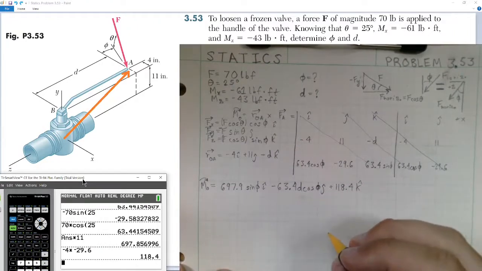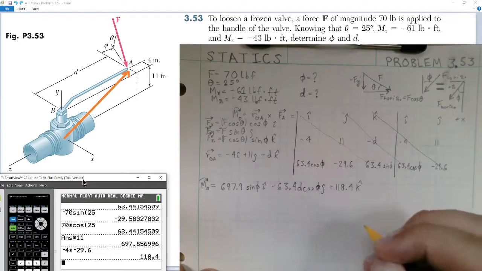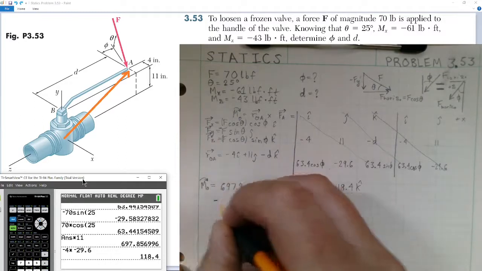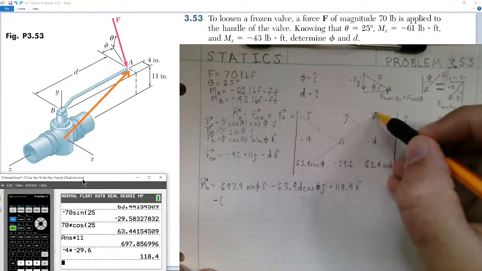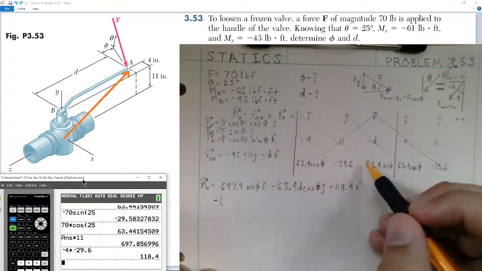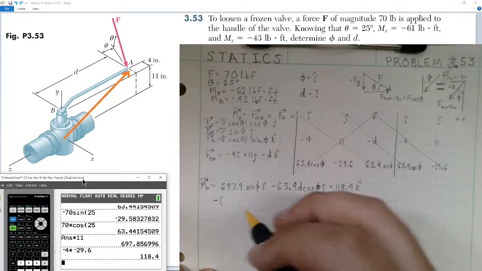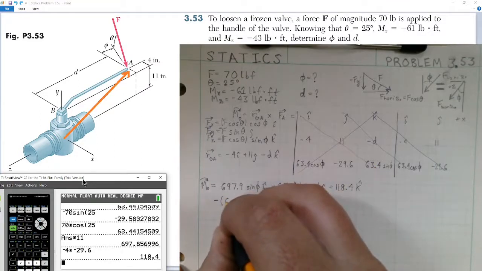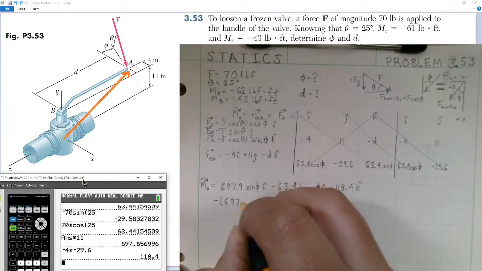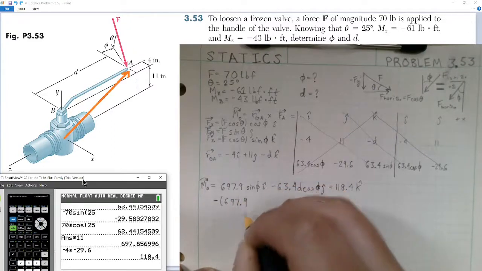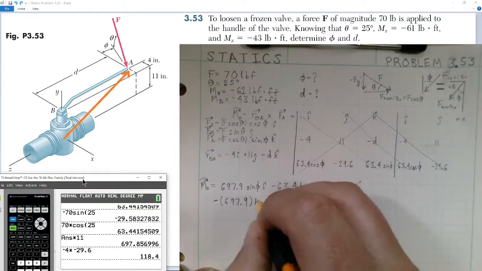So now we'll be subtracting our components. So we're going to subtract and put in parentheses up and to the right 11 times 63.4. We know that value. We just got it right here. It is 697.9, we're subtracting in the k hat direction.